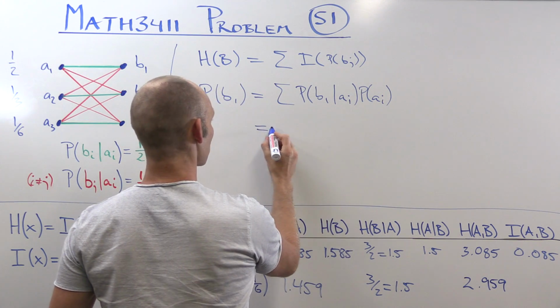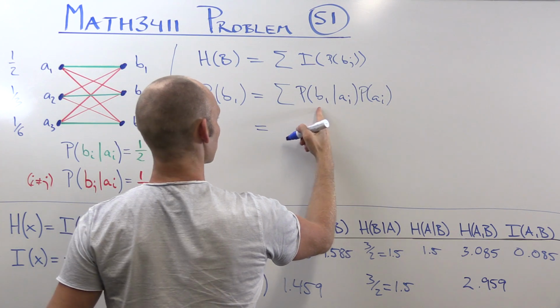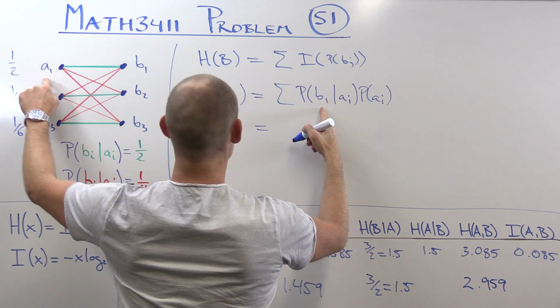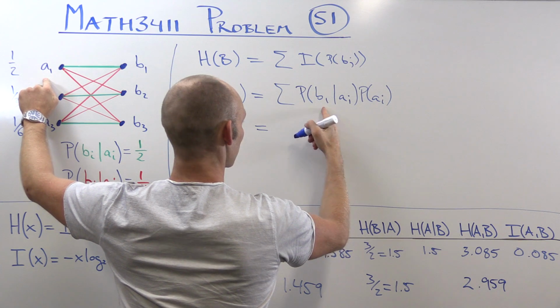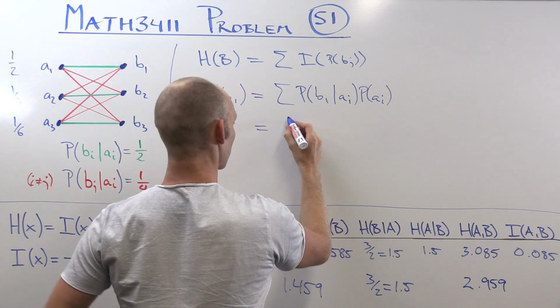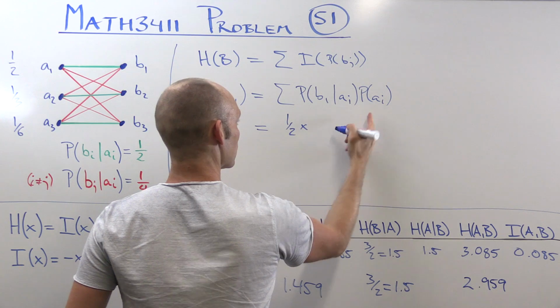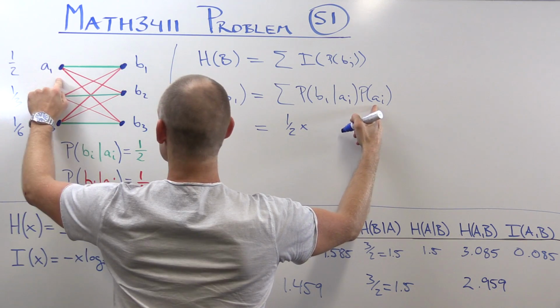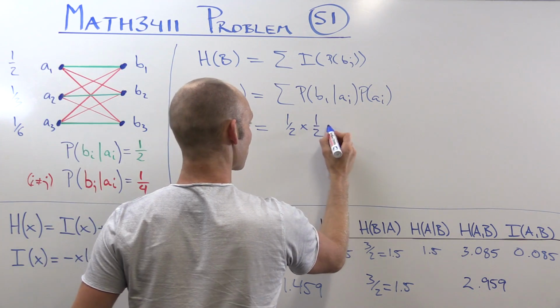So this is equal to, well, the conditional probability that we started in A1 and got to B1 was a half, that was the green line. The probability that we were in A1 in the first place, or that we sent that, was a half.